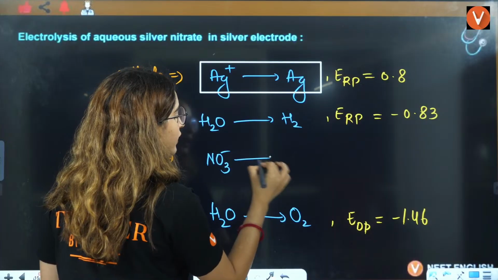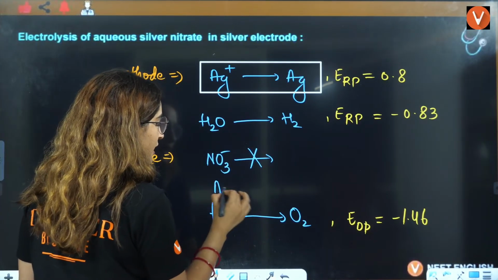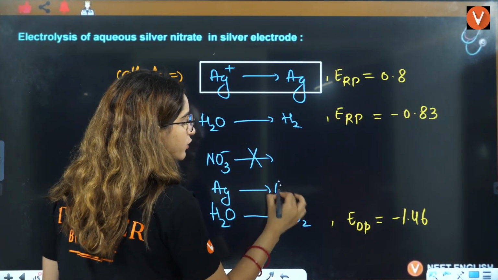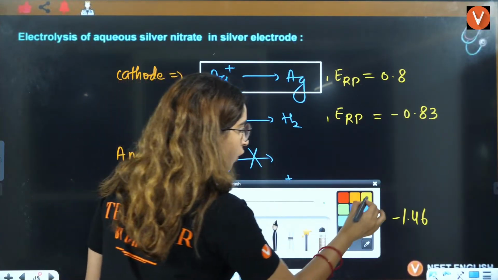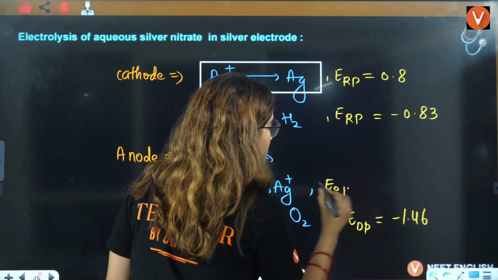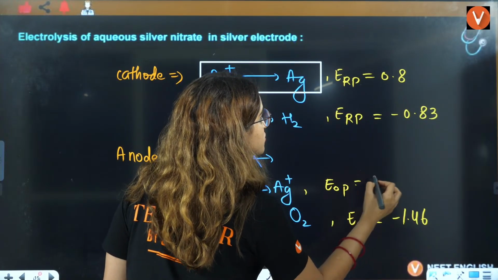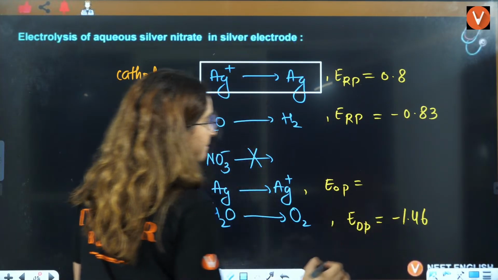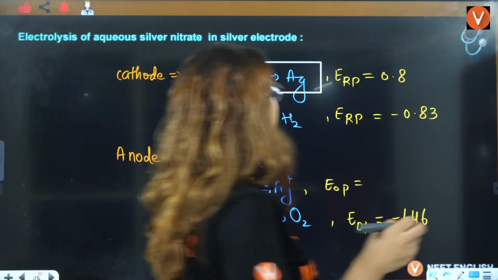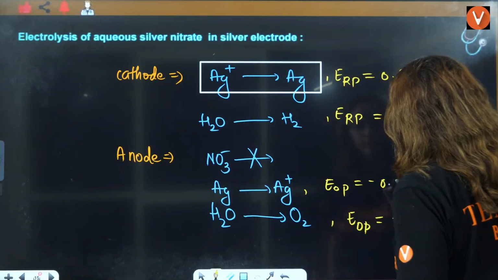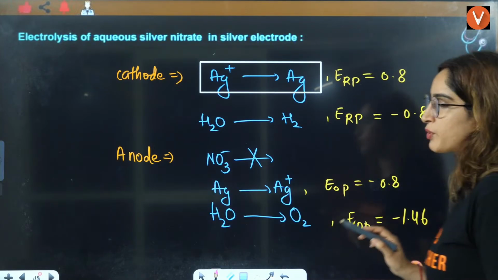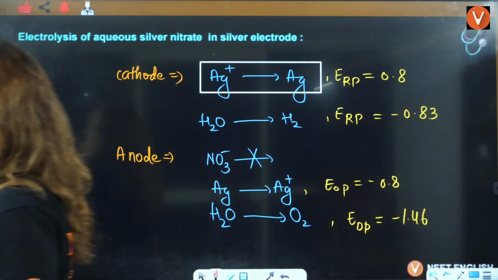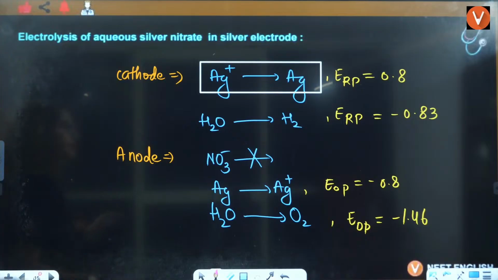It will not have oxidation, that we know, but Ag can lose electron and get converted to Ag positive, and the oxidation potential is going to be minus 0.8, right? So that is going to be the oxidation potential here.